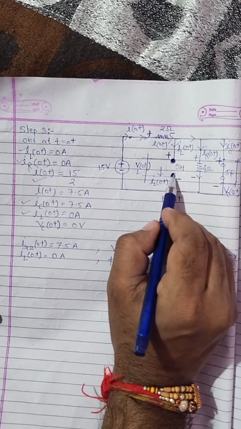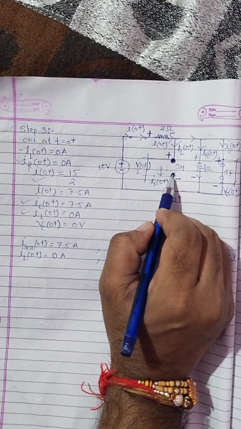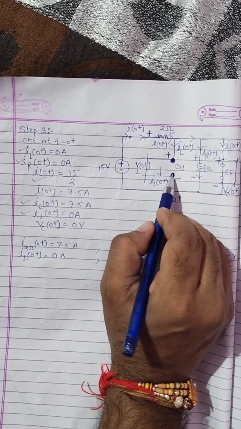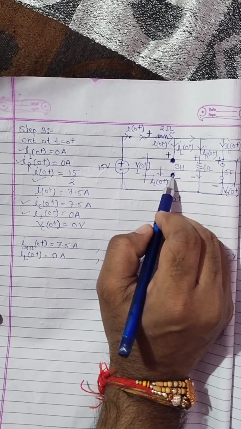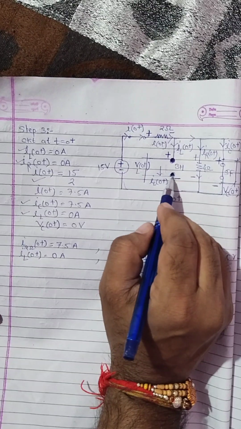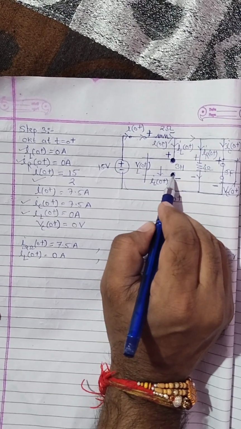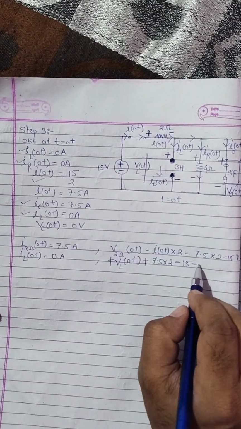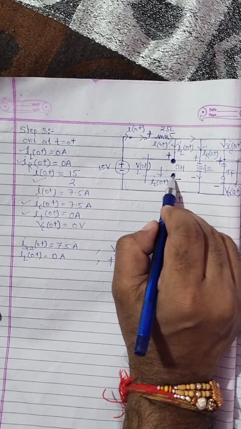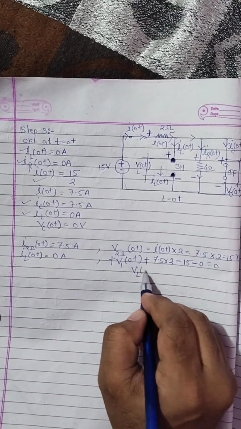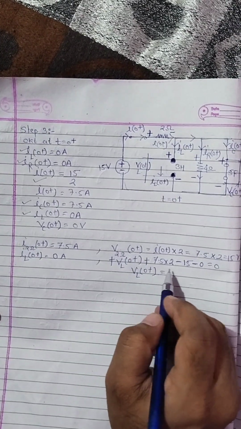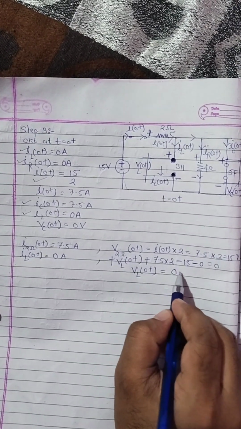Since the potential of this finishing point is low, we assume the potential of this finishing point as 0. So equals to 0, we will get VL0 plus equals to 15 minus 15 equals to 0 volt.